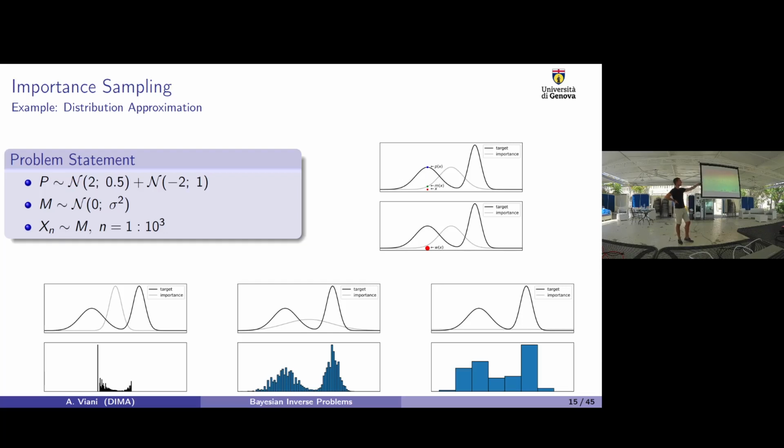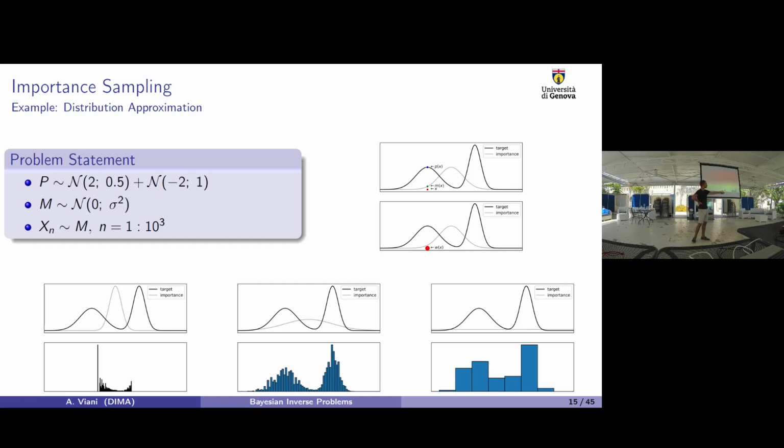Yes, so I'm able to evaluate at each time, but I'm not able to sample from it. And if I'm able to sample, if I'm able to reconstruct a histogram like that, then I can evaluate the mean, the variance. I'm able to see that there are two peaks. So our interest is, for example, the mean.